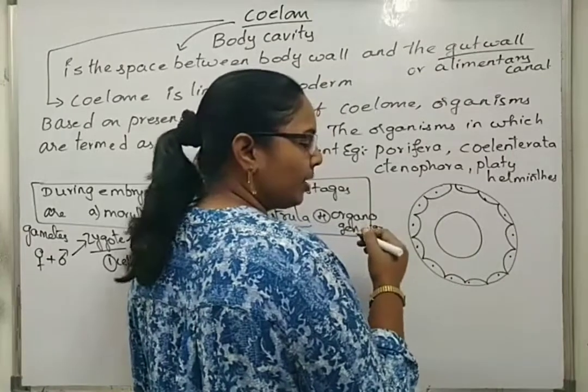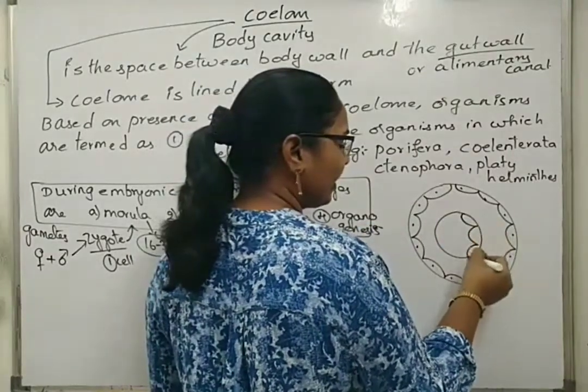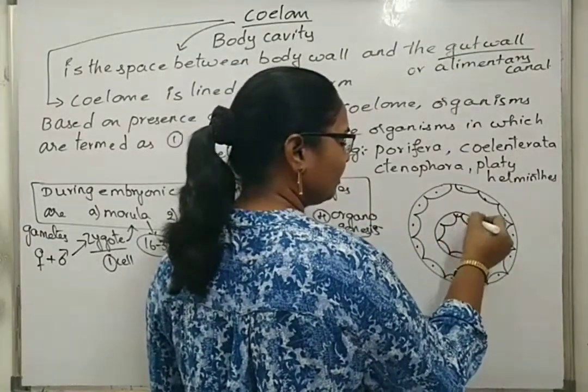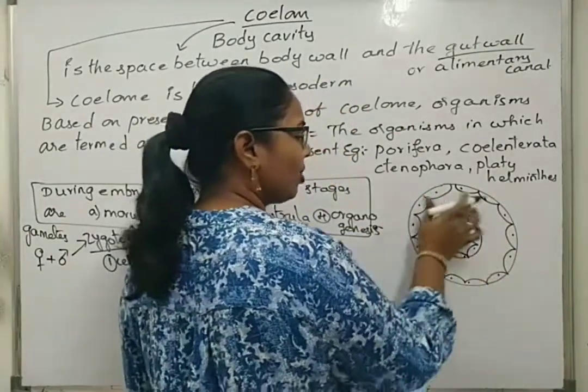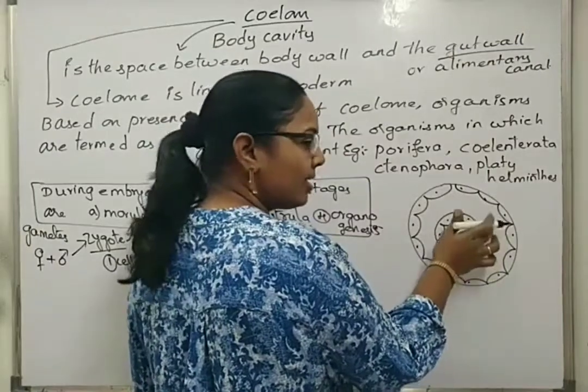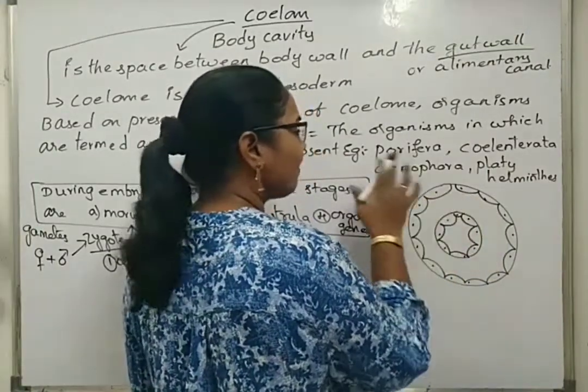The inner gut wall or alimentary canal is lined by endoderm. If the middle layer does not have any mesodermal cells or layers, then it is called acoelomate.